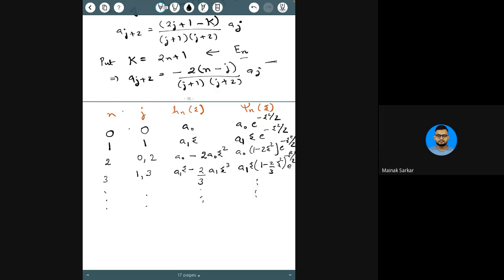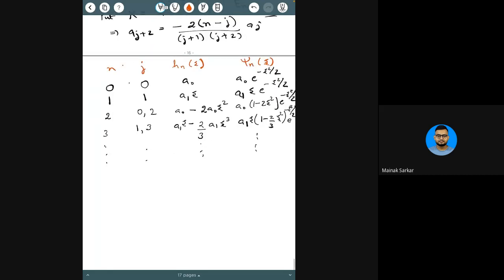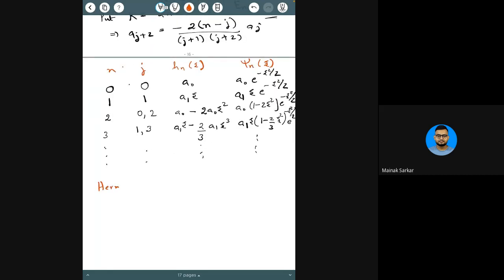And then the Hermite polynomials. Let me just write the Hermite polynomials first, then I'll tell you how to relate them. In the mathematical literature, they look like this.